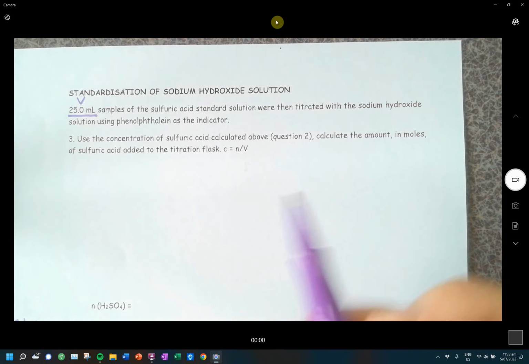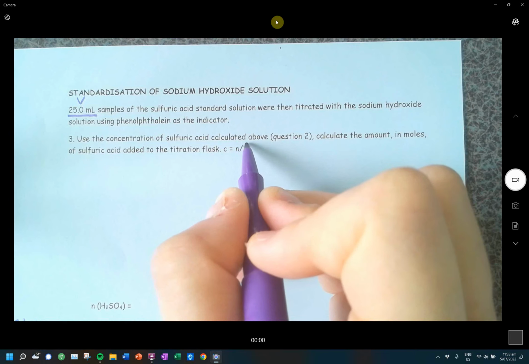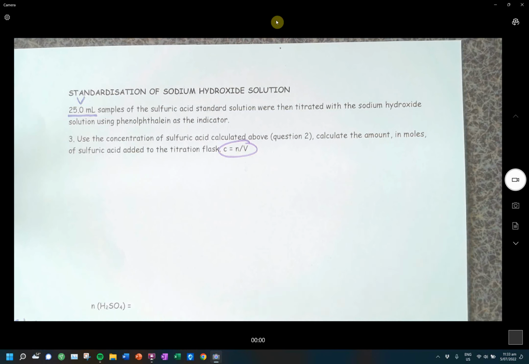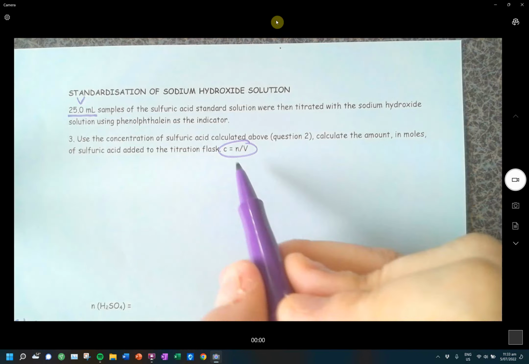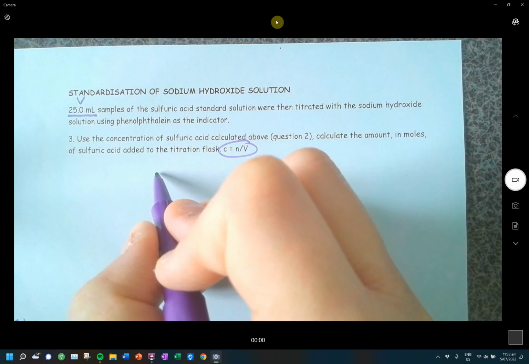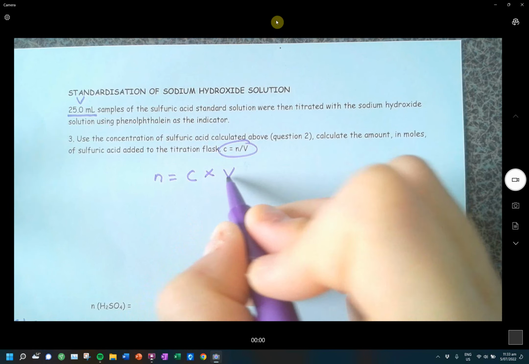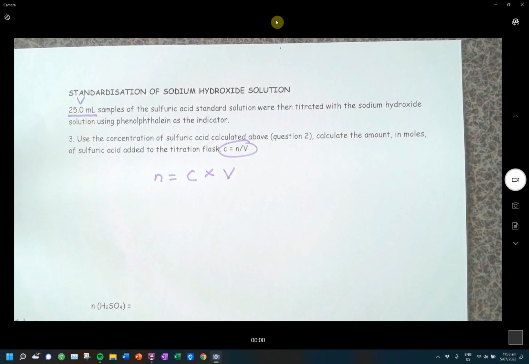All right. So once again, I have this equation here, but this equation is not set up in the orientation to allow me to solve for amount now. So I need to rearrange this equation to solve for n, and when I rearrange that equation, n is going to equal C times V. And you guys were doing this the other day.